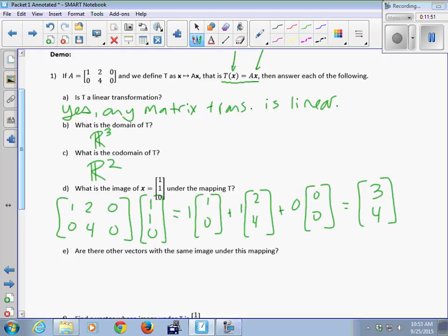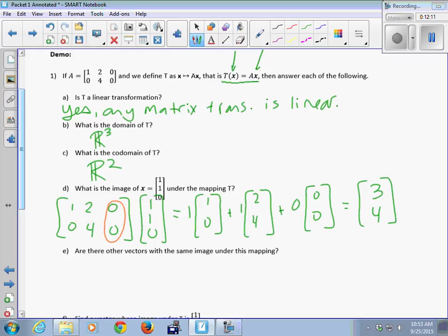Are there any other vectors in R3 that would give me 3, 4 as an image? Yeah, how'd you figure that out? 1, 1 anything will give you 3, 4 as an image. Yeah, because this third column sort of doesn't matter, right?